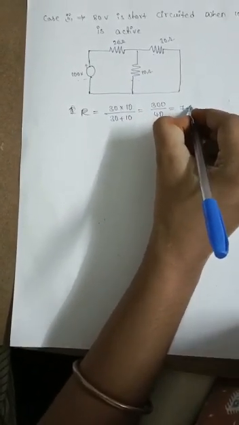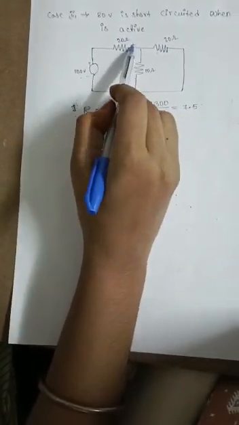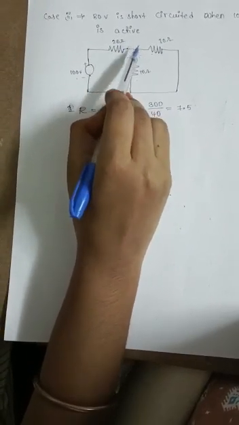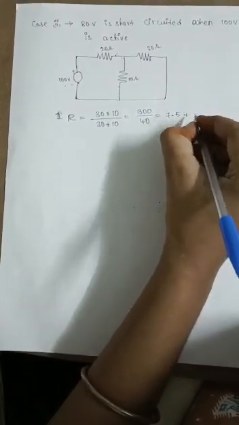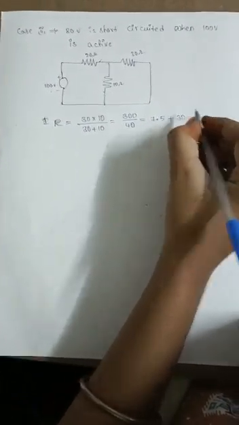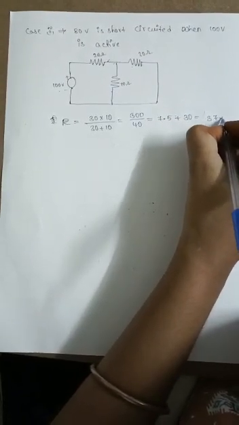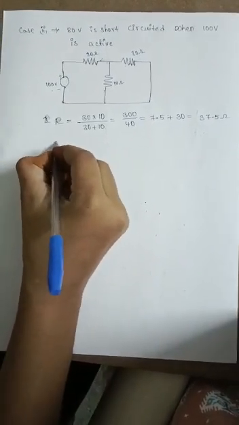What will it be? 7.5. Here one resistance will form, its value is 7.5 ohms. Now these both are in series. What is the formula? R1 plus R2 equals, what will be the value? 37.5 ohms.